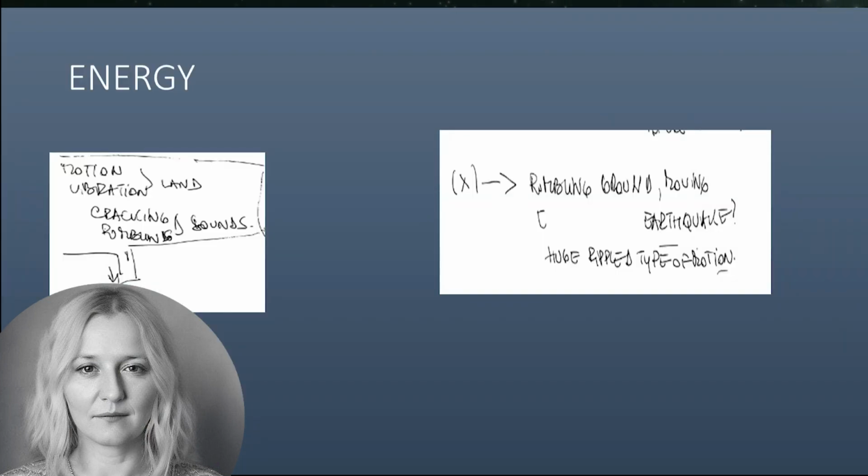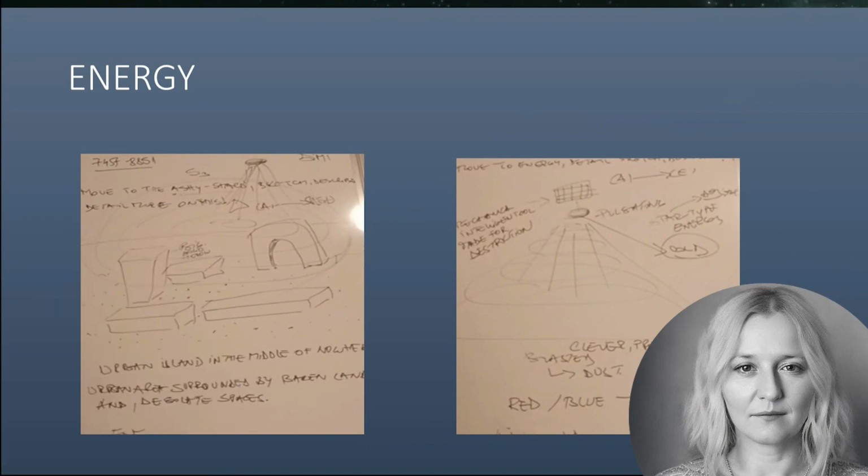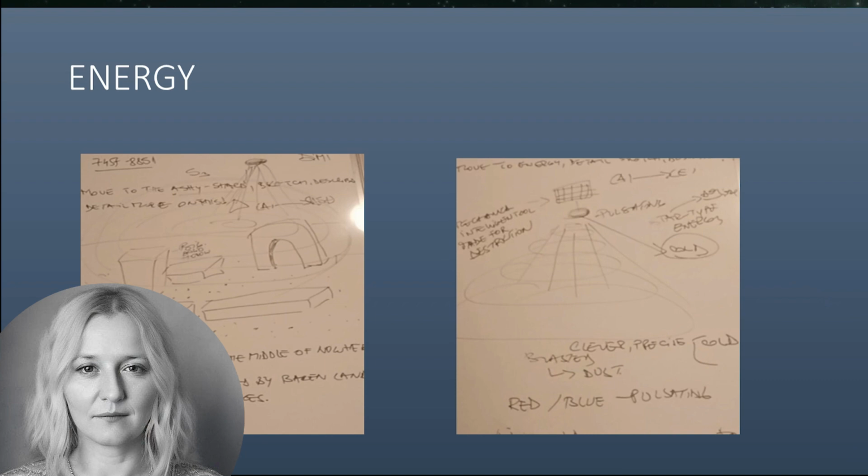An energy which felt like a motion and vibration of land, crackling and powerful and rumbling sounds, shaken like an earthquake with huge ripples, type of motion. And again, the structure under this force, which in the left sketch was coming from up, a directed force, which felt really destructive, and also here like a swirling type and directed energy.